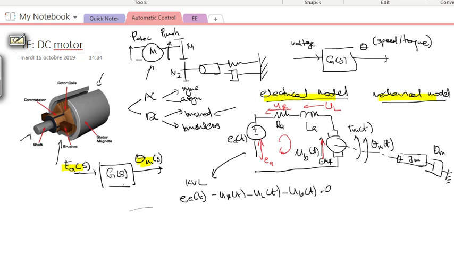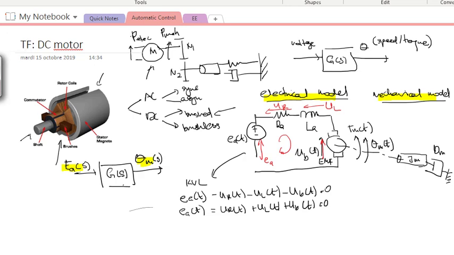The sum of voltages in a loop equals 0. So in another form, I could put EAT on one side and the others on the other side, so EAT equals URT plus ULT plus UBT. This is basically the same thing.